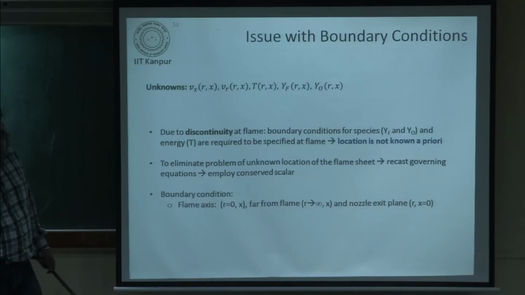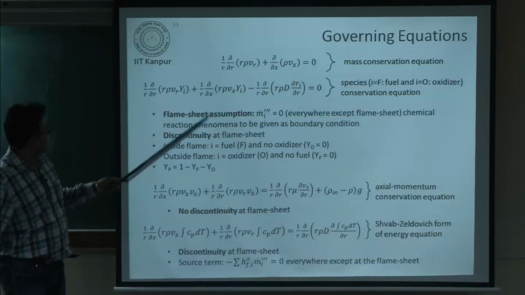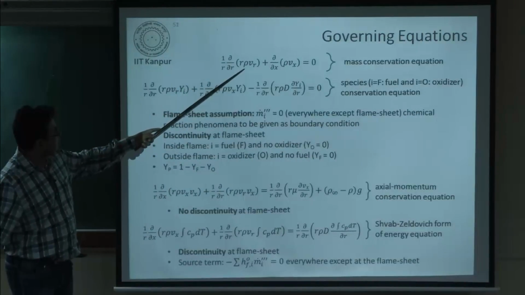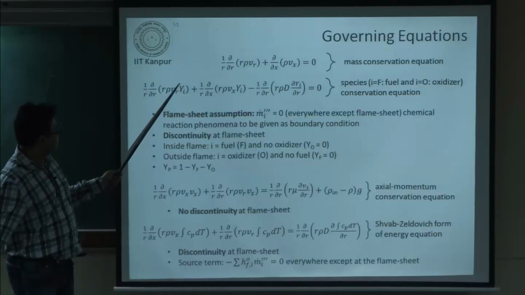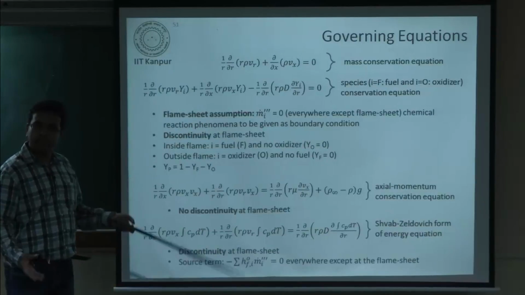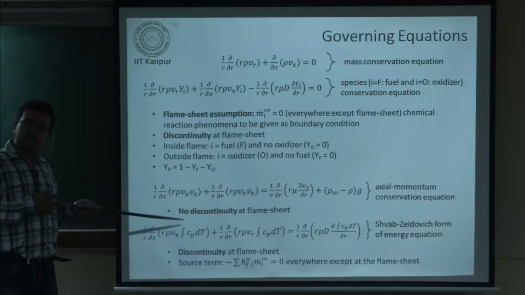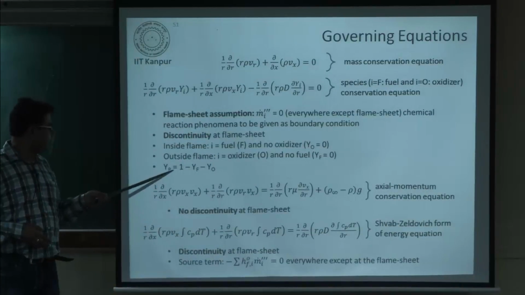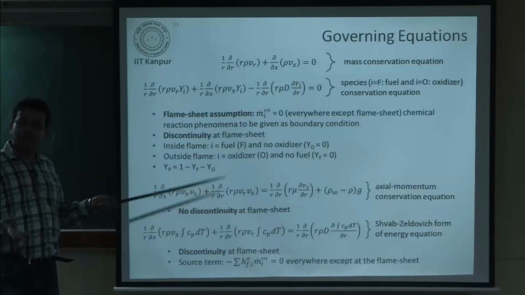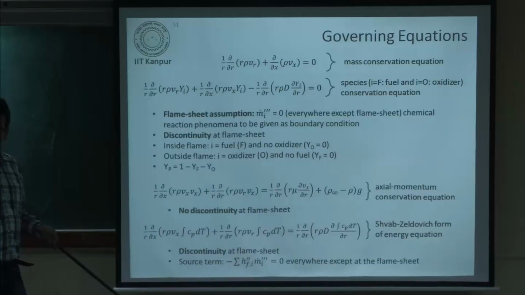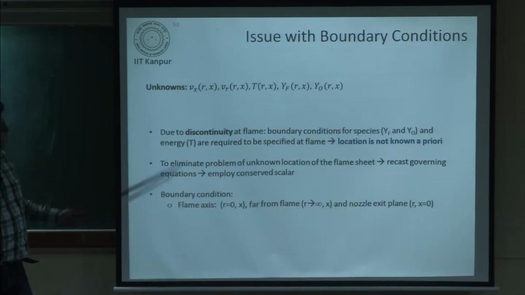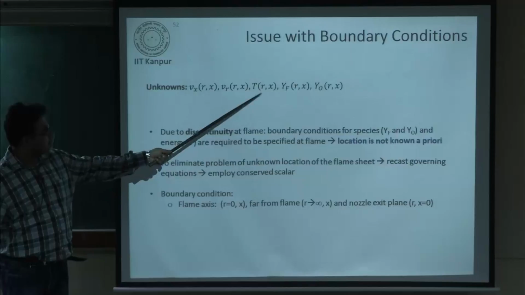If you see these equations, you have some unknowns. The unknowns are the radial velocity, axial velocity, and then the fuel mass fraction and oxidizer mass fraction. The product mass fraction you can recover from this expression. Otherwise YF and YO are unknown, and also the temperature T. So the unknowns listed here are Vx, Vr, temperature, YF and YO.